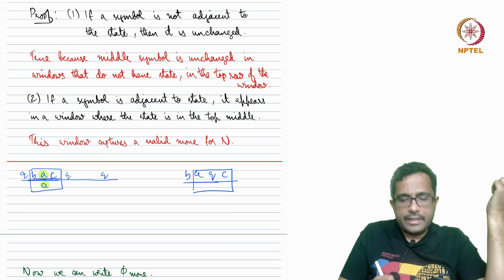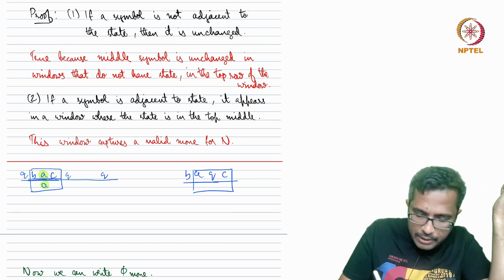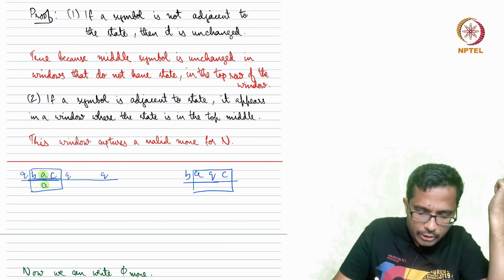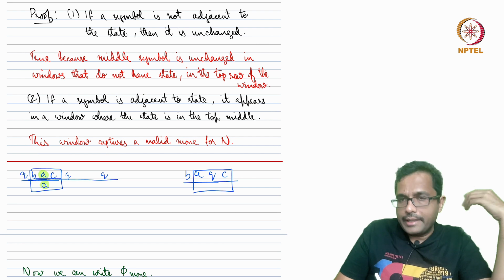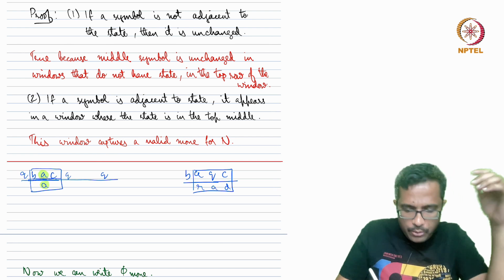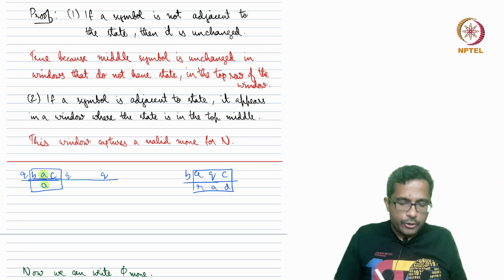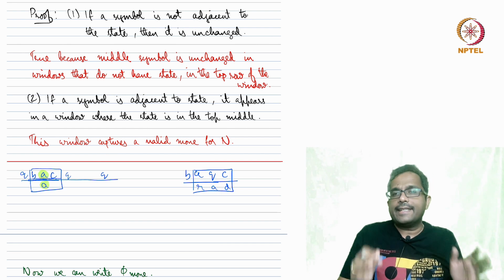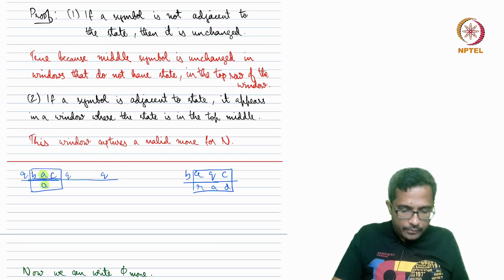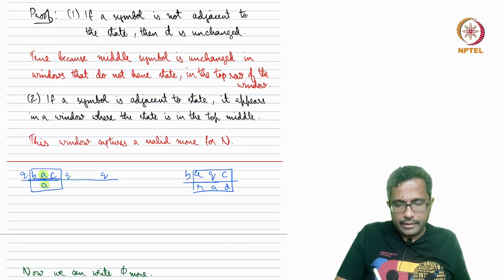And now the claim is that this window captures completely what happens because of the transition, because Q is in the top middle. Now the Q may move right or left, or Q will become, let's say it moves left, then C becomes D or something, and A comes here. So now the movement is only according to this particular 2 by 3 window in which the state is in the top center, which completely captures what happens to this part of the tape, right.